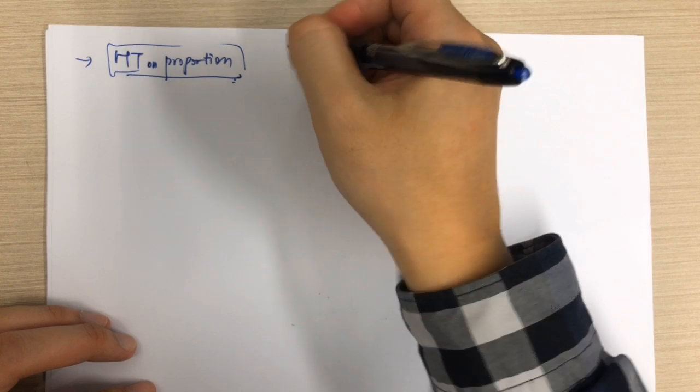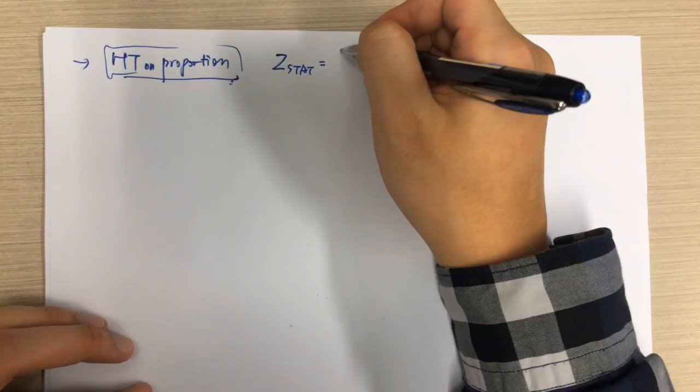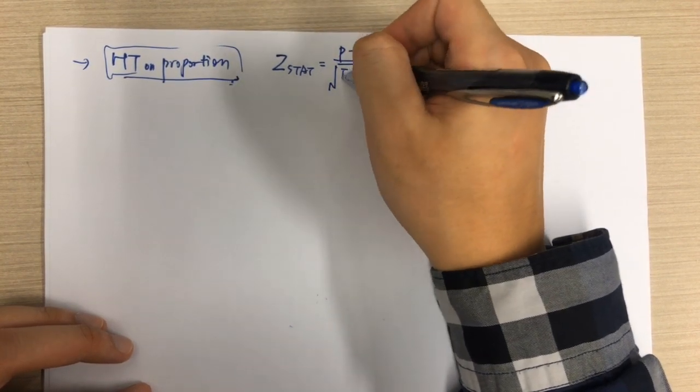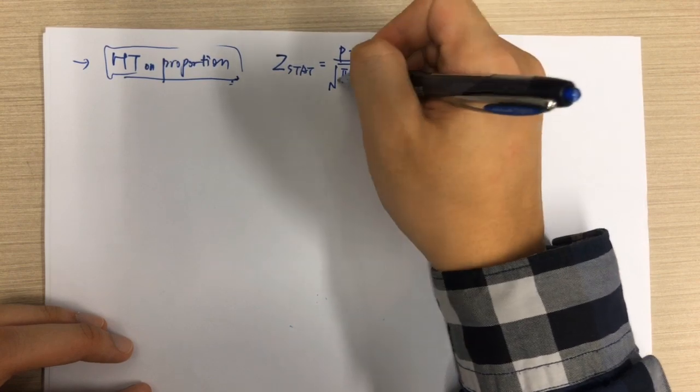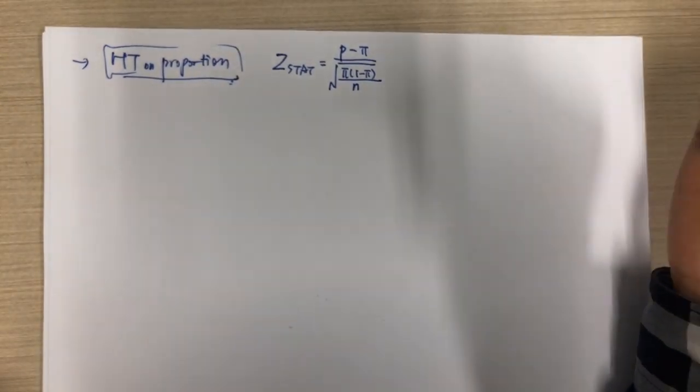So here, let's first quickly go back to the formulas. For hypothesis test for proportion, we always use the z-stat, right? And the z-stat will be calculated by p minus pi divided by the square root of pi times 1 minus pi divided by n, the sample size. And that follows the normal distribution.